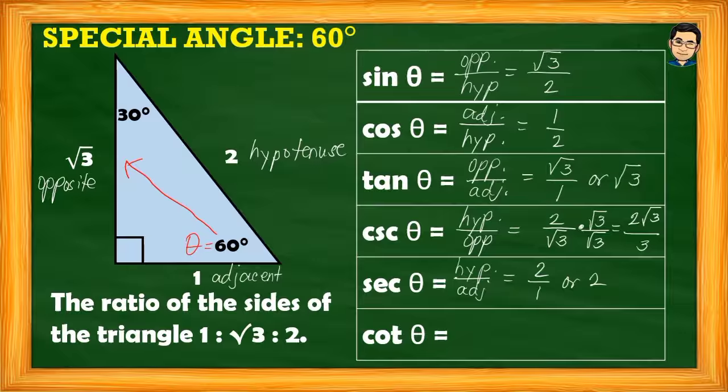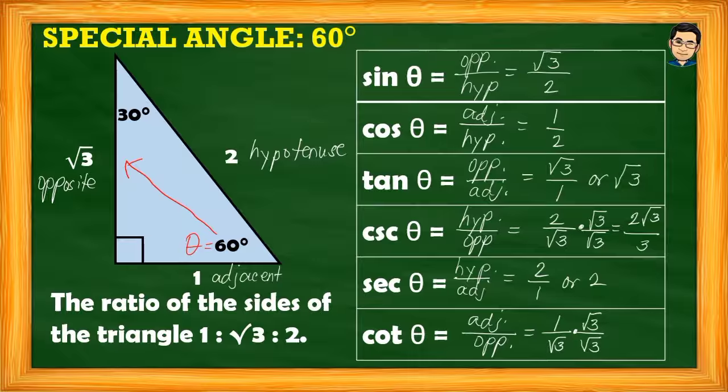Finally, cotangent 60 degrees, that is the reciprocal of tangent. So that is adjacent over opposite. Ayan. So adjacent measures 1 over opposite square root of 3. Again, multiplying the numerator and denominator by square root of 3. Tandaan natin, basta yung denominator niya is a radical, kailangan po natin i-rationalize.